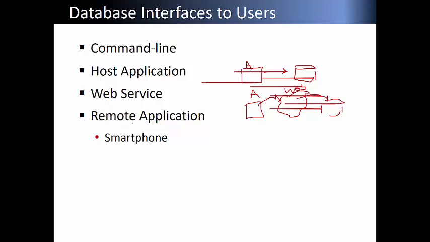The other one is remote applications. So we have a database here. We have a smartphone, for example. This smartphone has applications. If you click here to retrieve, then it goes to that database and comes back.